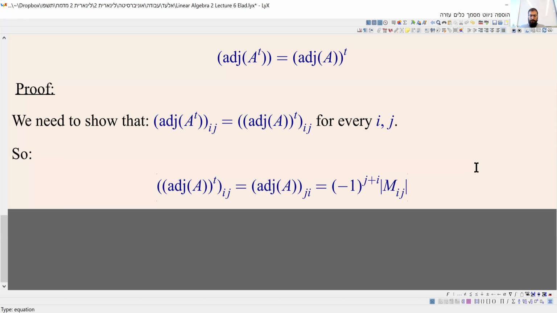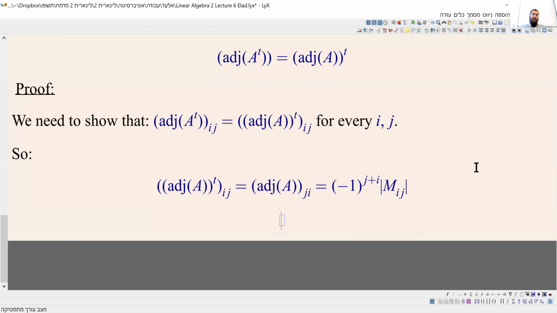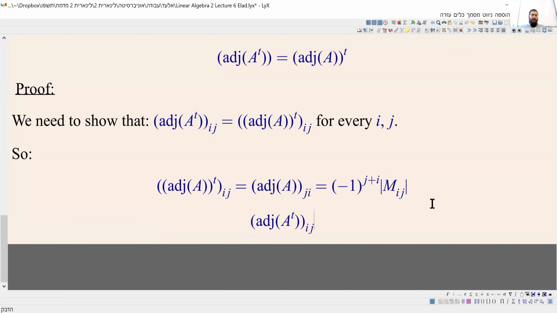On the other hand, when we look at the ij element of the adjugate matrix of A transpose, we have by definition minus 1 to the power of i plus j multiplied by the determinant of the ij minor. The ij minor of whom?